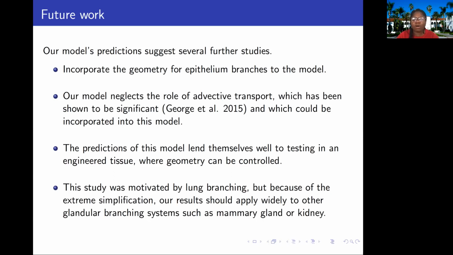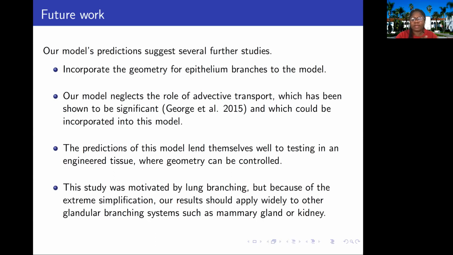And this can also be used to study other branching organs, for example, the kidney, which we know branches very similar to the lungs, but it uses different molecules as activators and inhibitors to control kidney development.